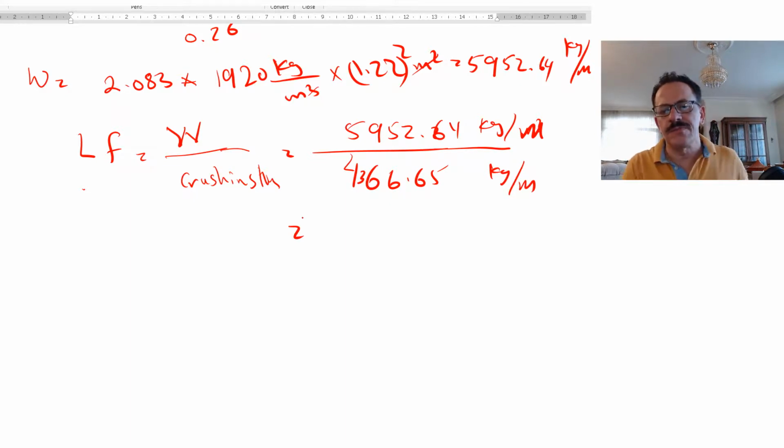So you can see 5952.64 divided by 4,366.65 will come to 1.36. This is the load factor.